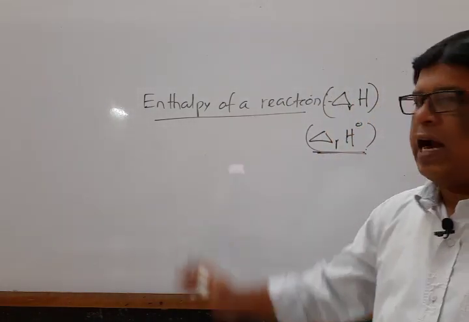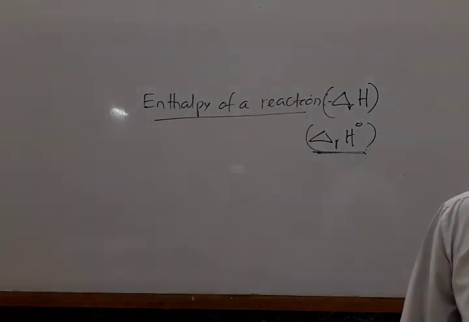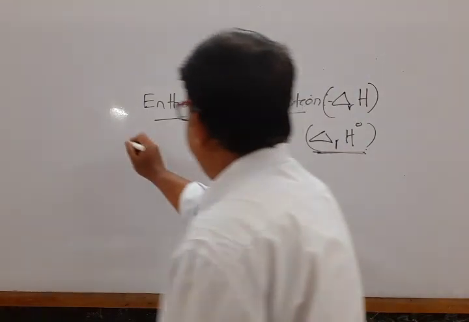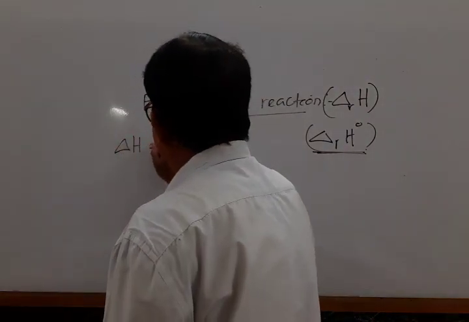Symbolically, if we write the enthalpy of a reaction, del H is equal to the sum of the enthalpy of products minus the sum of the enthalpy of reactants.